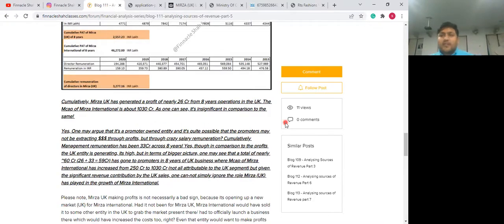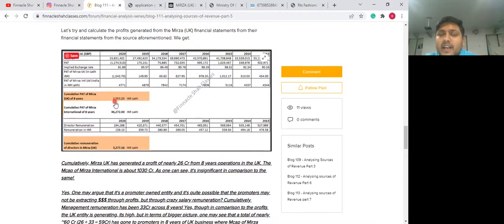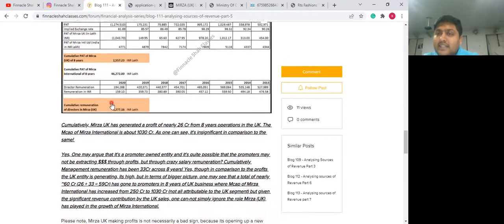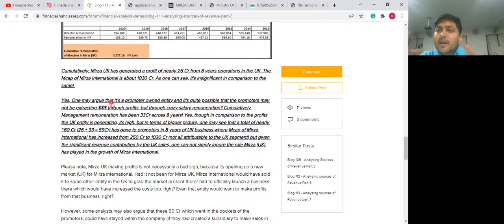So even if, after deducting operational expenses, we calculated the profit of Mirza UK, technically speaking, that 60 crores excess profit would have been part of Mirza International's consolidated statements if they had directly established a subsidiary in UK.